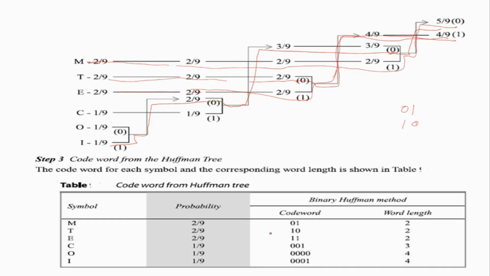These are the code words for the symbols M, T, E, C, O, I in the word committee. And for the word lengths, these are 2 bits, 2 bits, 2 bits, 3, 4, 4.